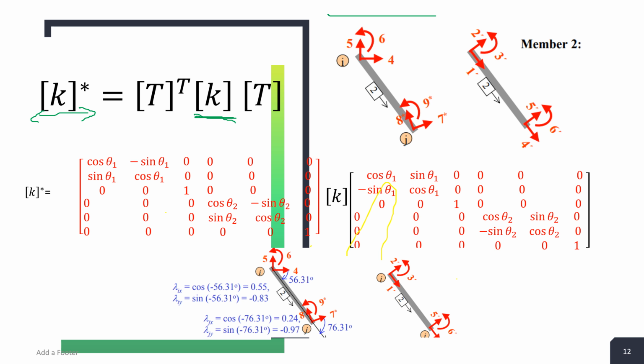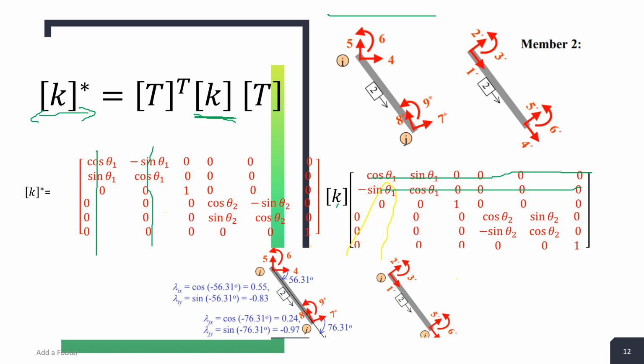So for the transpose, for example, this becomes the column there, and the second row becomes the second column. That's all. So you rearrange like that and multiply with K. That becomes the stiffness in the correct orientation, considering the angle.